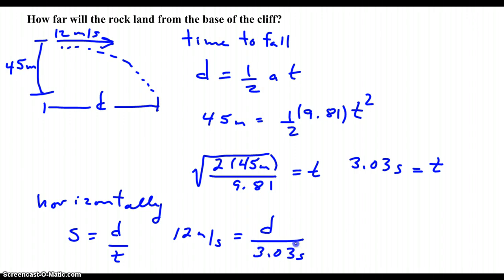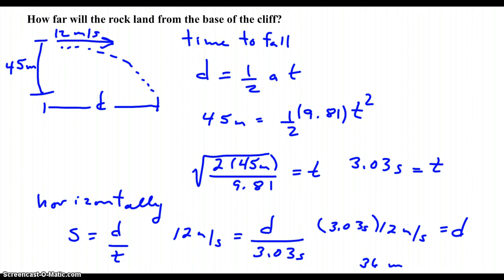So multiply time, which is 3.03 seconds, times speed, and it will give us the distance. The distance that the rock lands from the base of the cliff is 36 meters.